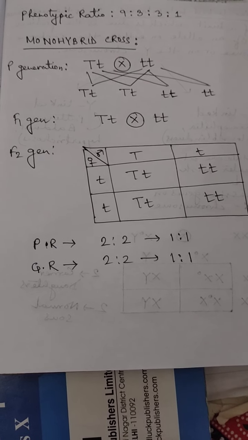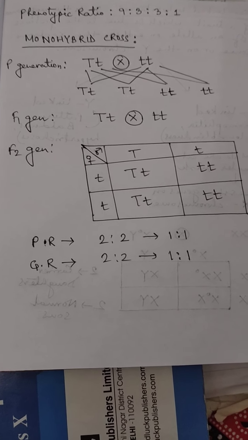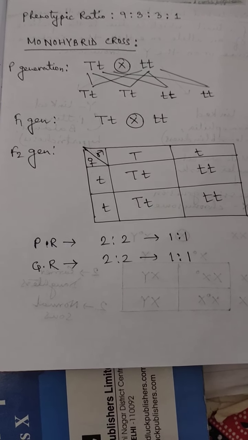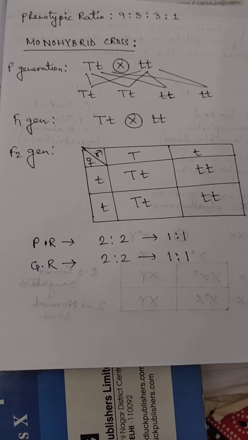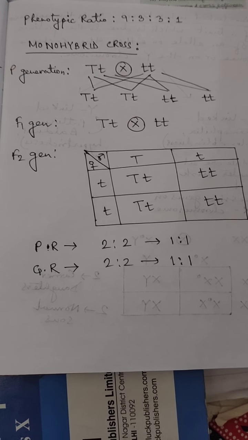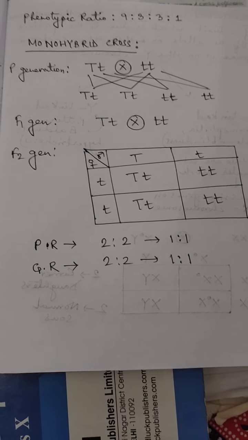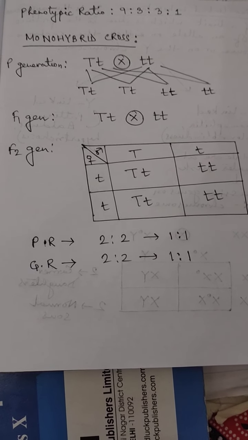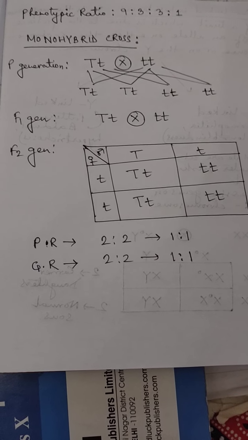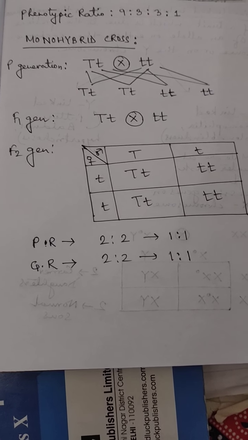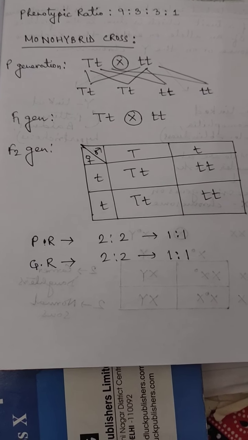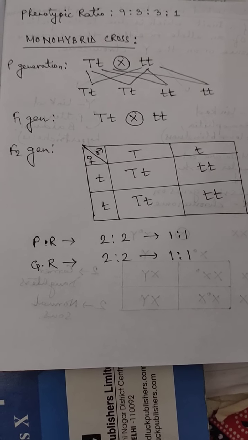So we are getting 2 tall pea plants and 2 dwarf pea plants. That means 1:1 ratio. Okay. Similarly, when we go through the genotypic ratio, we are seeing it again similar. Tt there are 2, tt there are 2. That means the genotypes also have the same ratio, 1:1.